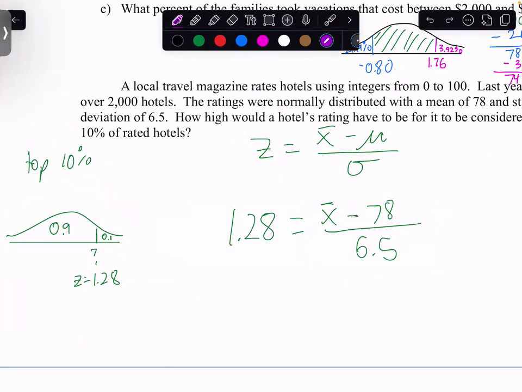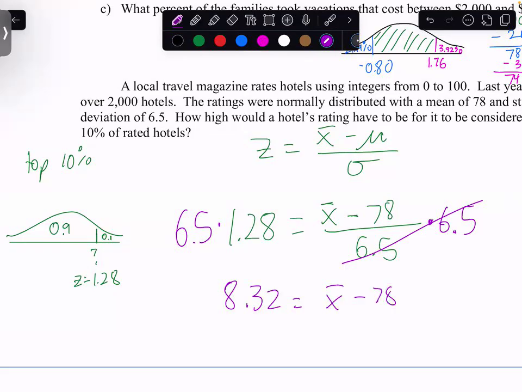So to get rid of the divide by 6.5, we can multiply both sides of the equation by 6.5. Okay, so 6.5 times 1.28. Okay, and then to get rid of the minus 78, we add 78 to both sides.